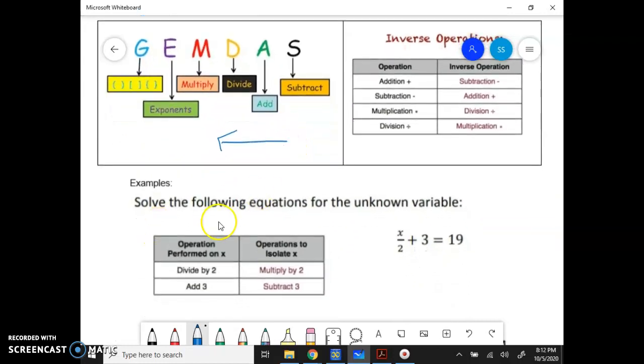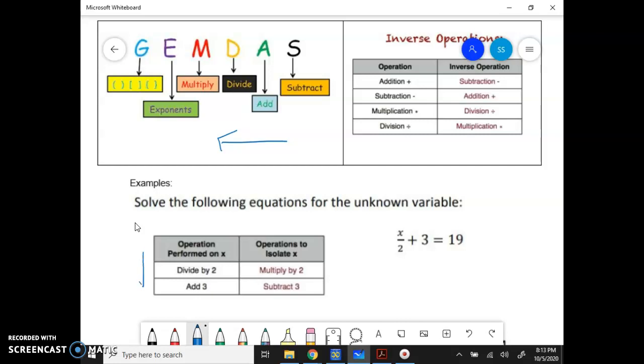To solve the following equations for the unknown variable, we're looking at this problem here, x over 2 plus 3. What operations are being performed on x? First we'd be dividing by 2 and then adding 3.